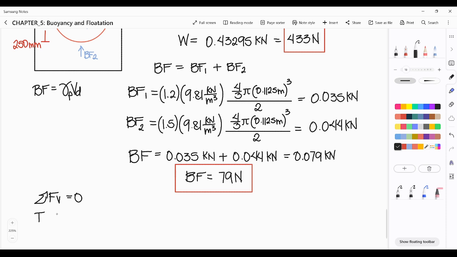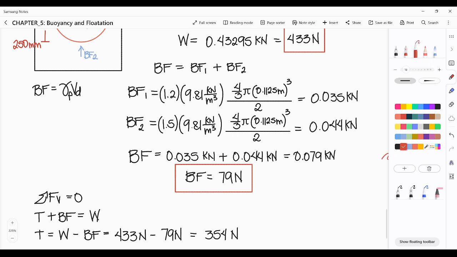So the tension plus the buoyant force, sa kabilang side lahat ng pababa, which is yung weight. And to get the tension, we simply subtract the buoyant force from the weight. Ang weight nating nakuha kanina is 433 newtons. 433 newtons minus 79 newtons is equal to 354 newtons.